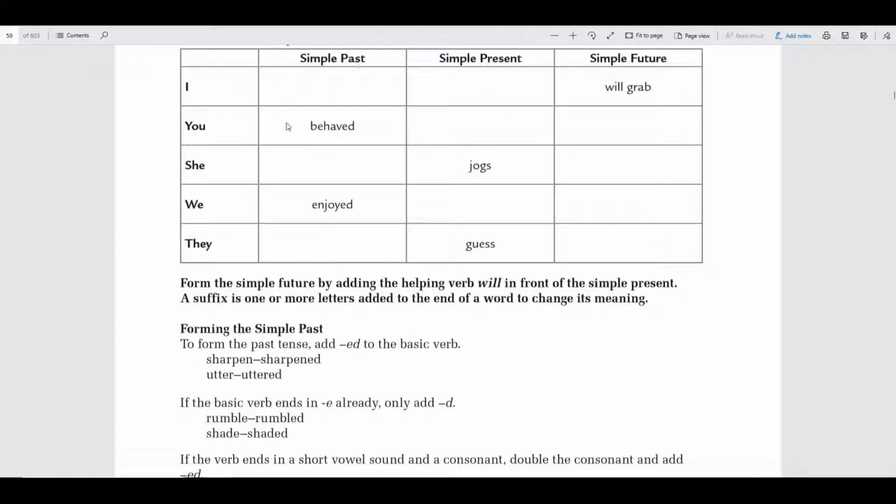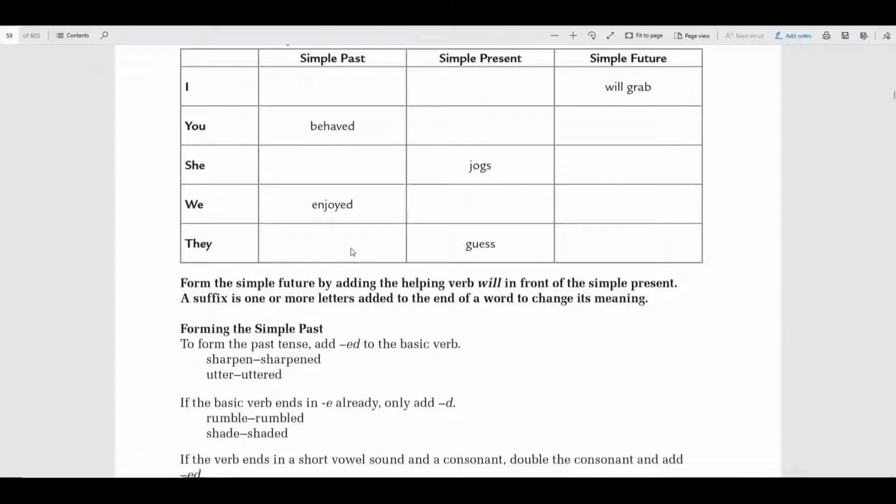In the past, we enjoyed. For the present, we enjoy. It'd be the base word enjoy, no ed. For future tense, we will enjoy. Now for the verb guess, simple past, they guessed.